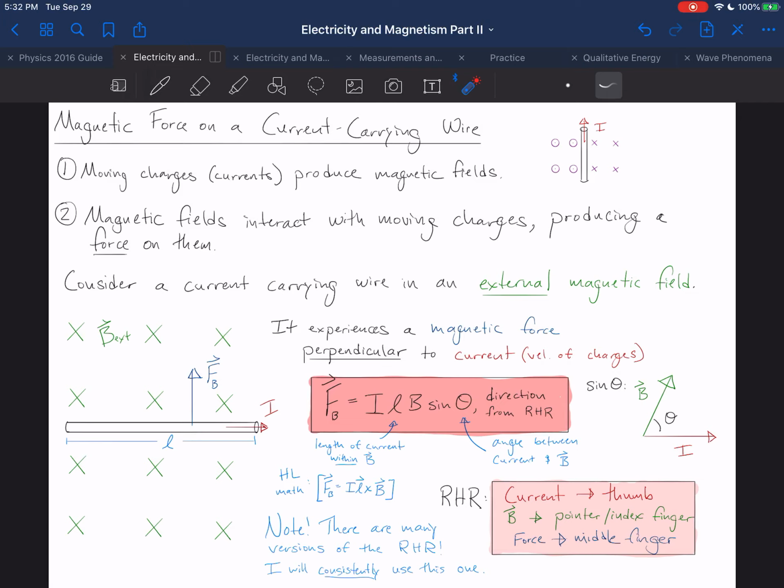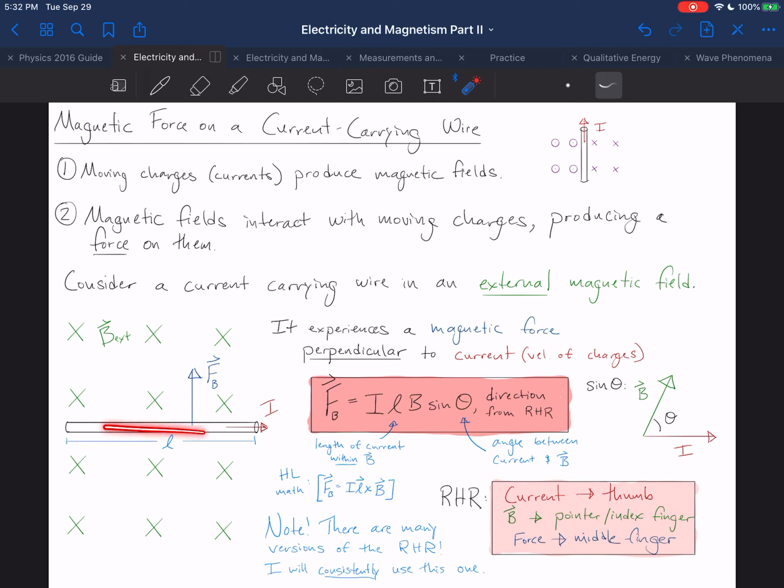And the point is that the current carrying wire inside that field will feel a force. It experiences a magnetic force that is perpendicular to the current itself, and in fact is also perpendicular to the magnetic field. This is unlike any other force law we've ever seen.